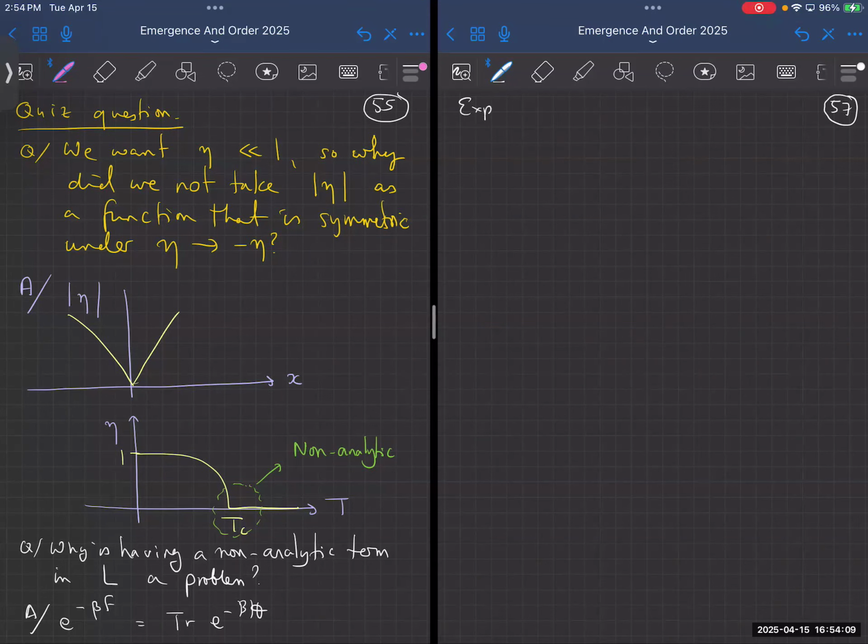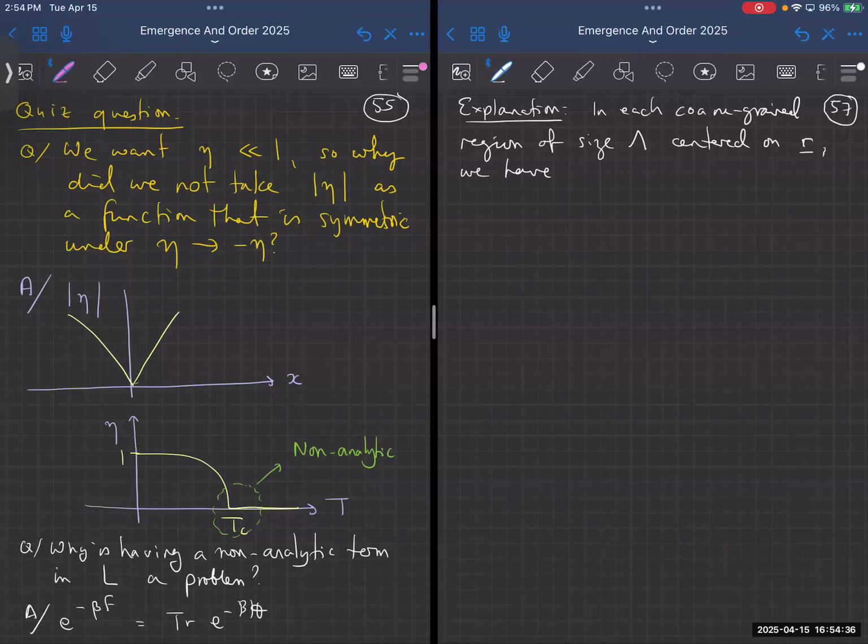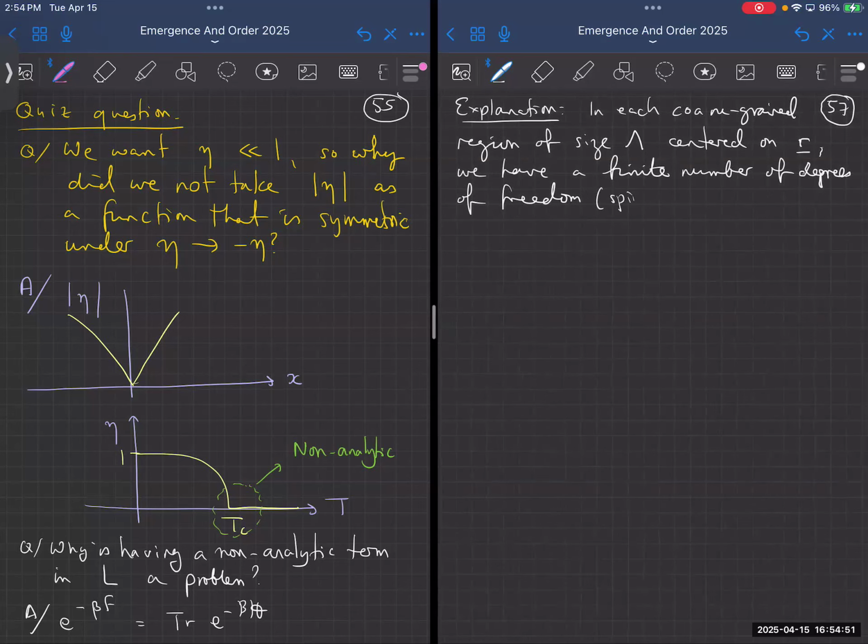So, explanation. In each coarse-grained region of size lambda centered on a point in space R, we have a finite number of degrees of freedom. In this case, spins.